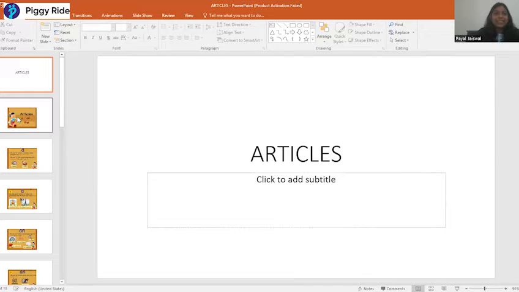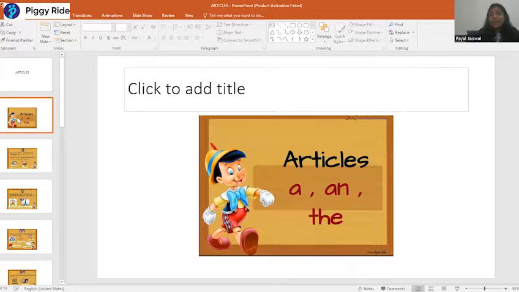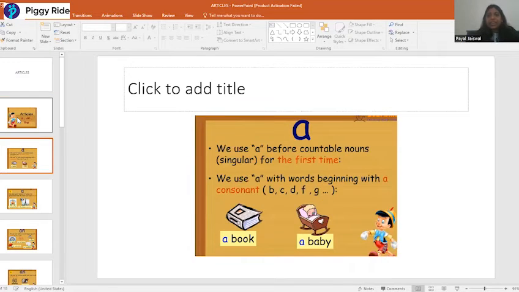Let's start. Now, articles are a, an, the. We use a before countable nouns, singular, for the first time. And we use a with words beginning with a consonant, as for example, B, C, D, F, G, H, J, K, L, M, N. These are all consonants.